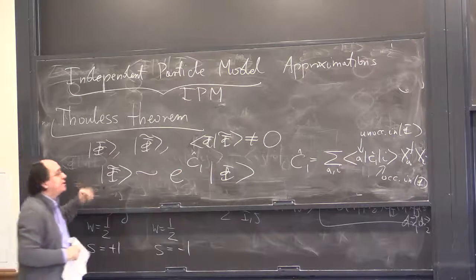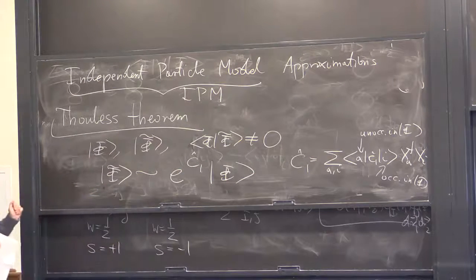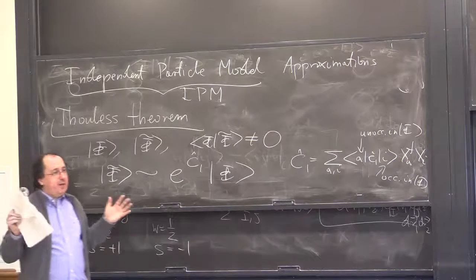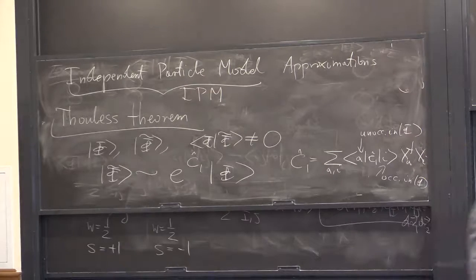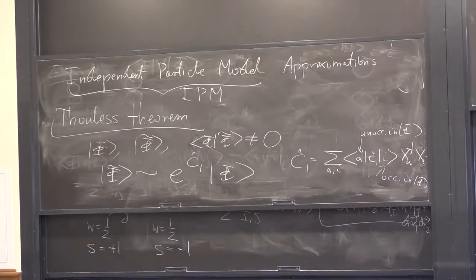And we'll actually see the details of it when we start deriving. It's a beautiful theorem. It tells you that if you have two determinants that have a non-zero overlap, then they differ by this sort of transformation, which is an exponent of a one-body particle-hole excitation operator. Okay? It's a general statement.